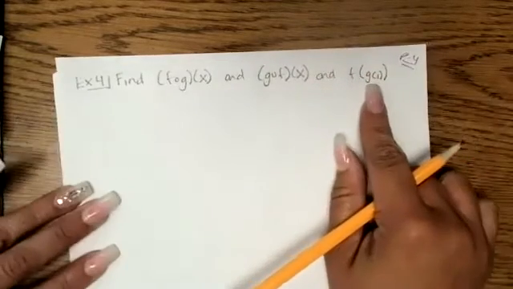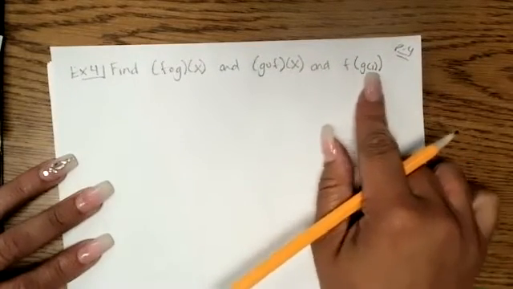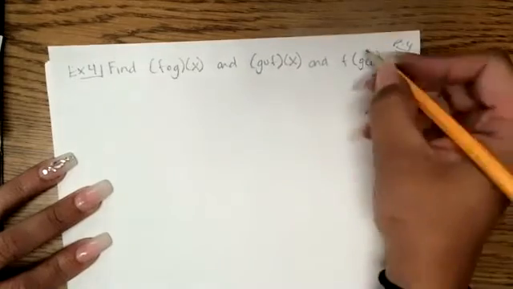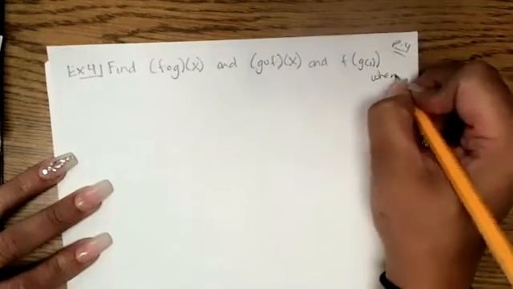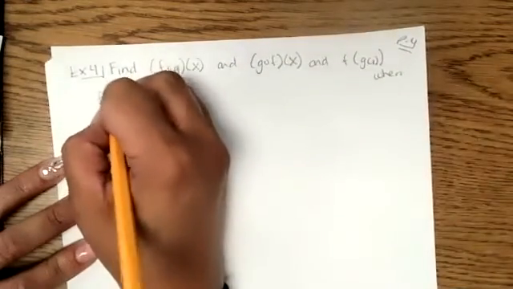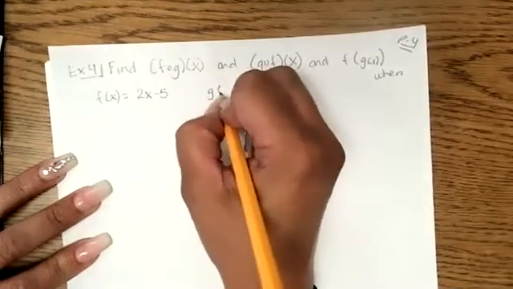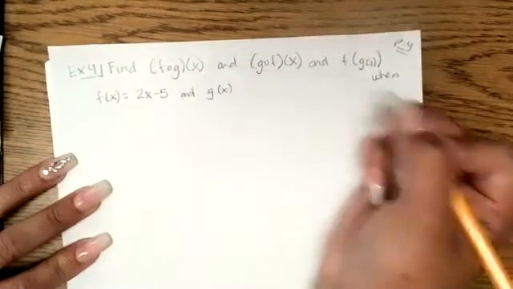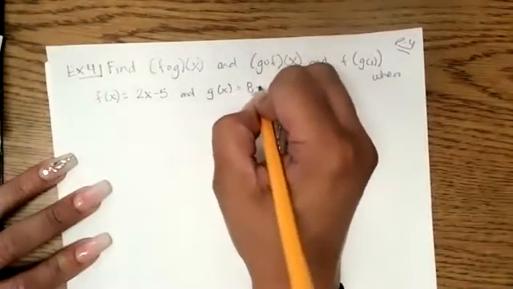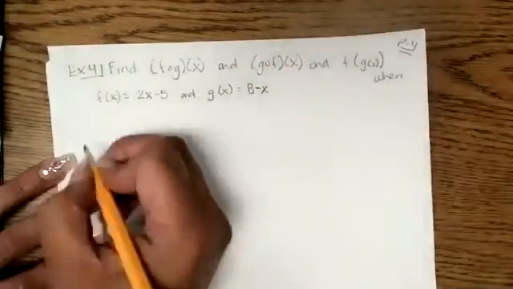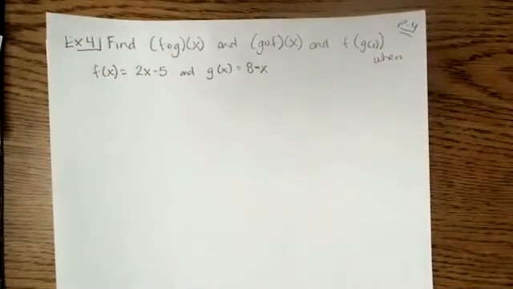Notice how I didn't put that in composition form, but it actually is. I just wrote it differently. The f of x is going to be equal to 2x minus 5, and the g of x is equal to 8 minus x. You can go ahead and hit pause and solve this out and then see if your answer is correct.